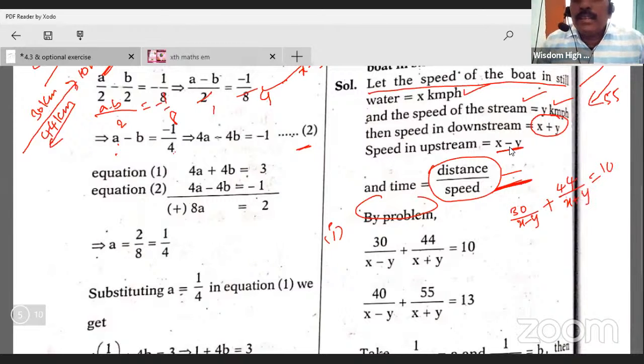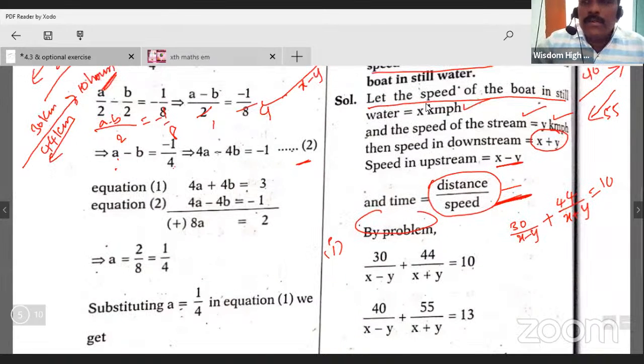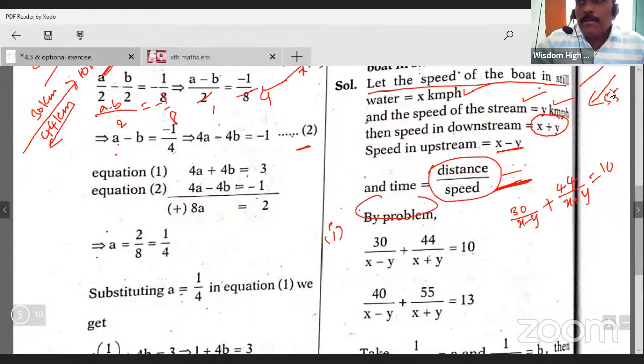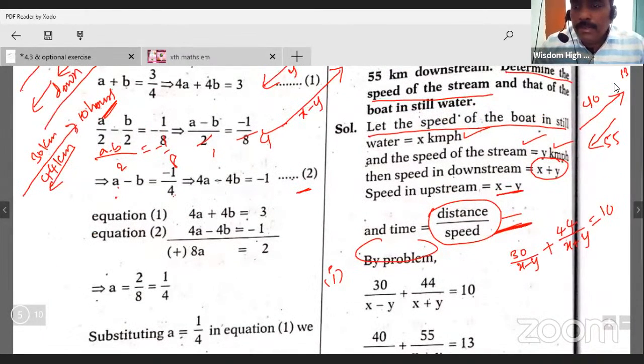Come to the second case. This is the first case, okay? Then in the second case, we already drew one figure. Here, 40 kilometers upstream, the distance is 40 kilometers and the speed decreased upstream. Downstream it traveled 55 kilometers, and the speed will increase.